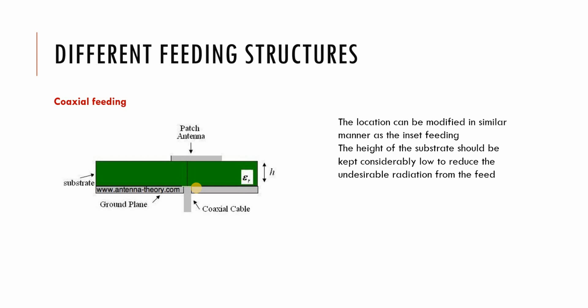Based on your application, you can decide whether to use microstrip feeding or coaxial cable feeding. And because you don't have undesirable radiation from the feed, this kind of antenna is going to be more accurate and more acceptable for array antennas.